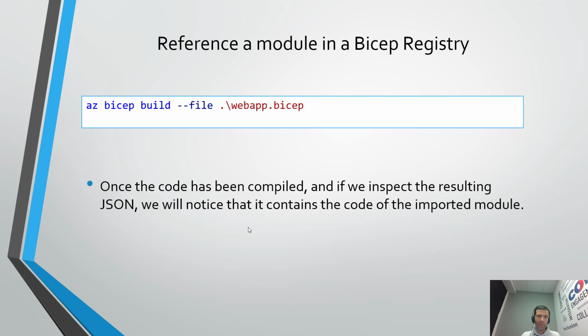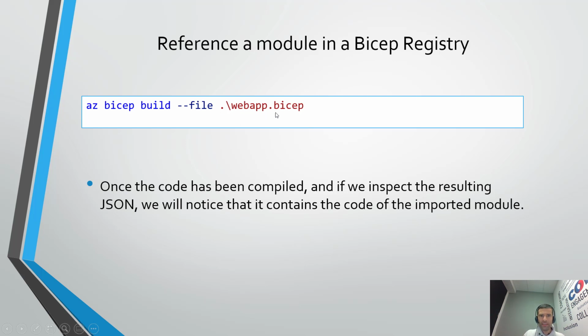One thing that you may want to understand here is that when you reference a module, once it is compiled, the code from that module will be copied into the resulting ARM template. One way to see this is here. We are building the Bicep template that references our module, so the web app references the app service plan.